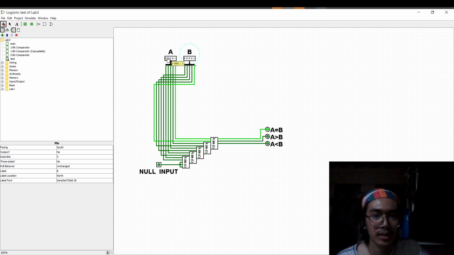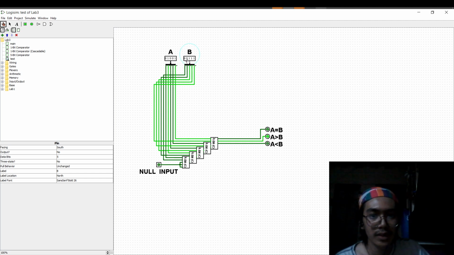And if we say 0, 1, 0, 0, 1 for input A, and for input B we have 0, 0, 0, 1, 1, you can see that A is greater than B. Until we change the most significant digit, it will always be greater than. I'm changing the least significant bit, but nothing is changing for the output.